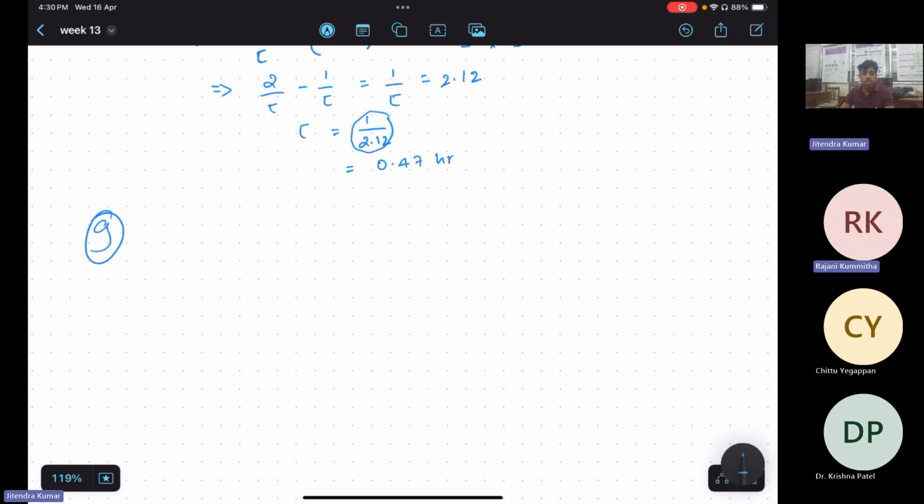They applied the formula only, ma'am: Q by S into lambda. Q is the power splitting. I will check once again. 170, surface, 0.25 surface area.